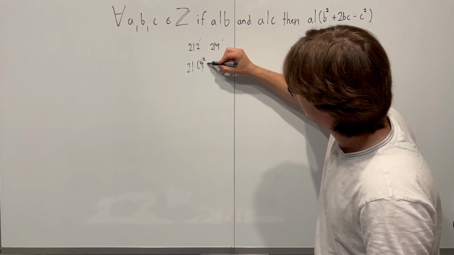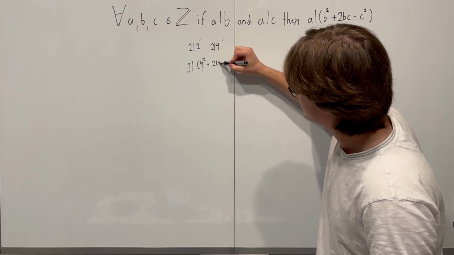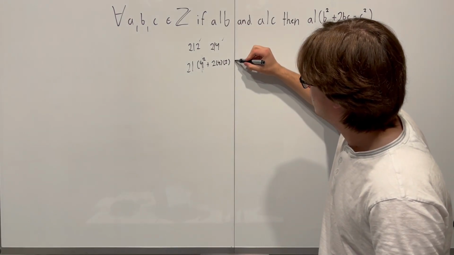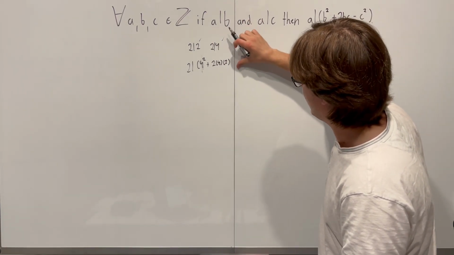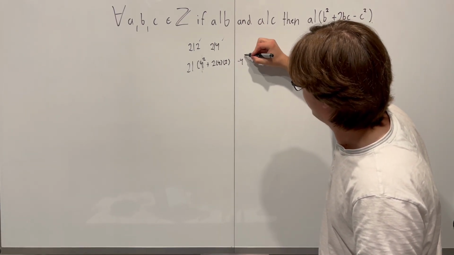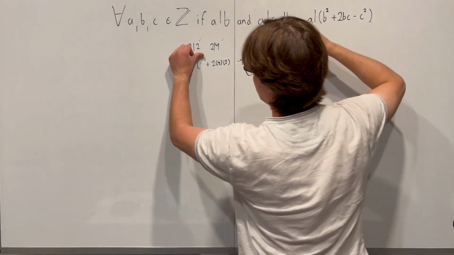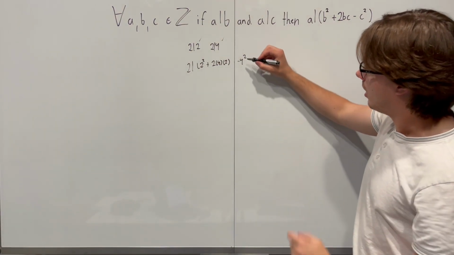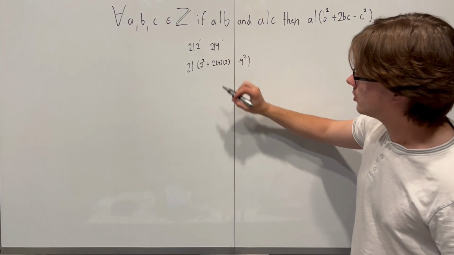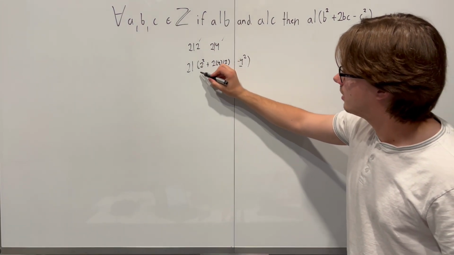So let's then quickly ask ourselves, is it true that 2 divides 4 squared plus 2 times 4 times 2 minus 2 squared? Actually, let me quickly flip around the 4 and the 2, so we can write this as 2 squared, there we go. And of course, this is going to be true. You can factor a 2 out of here and a 2 out of here.